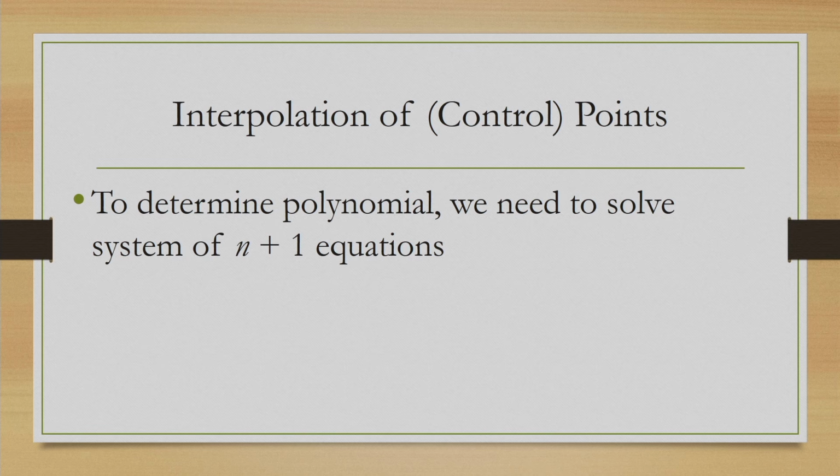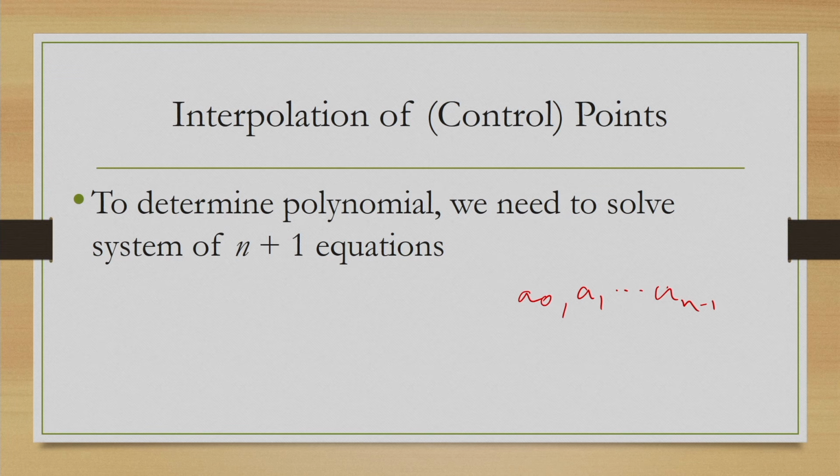Now, in those equations there are constant terms. Those are the coefficients like a0, a1 to an minus 1. If we decide these coefficients, then we can define the polynomial.